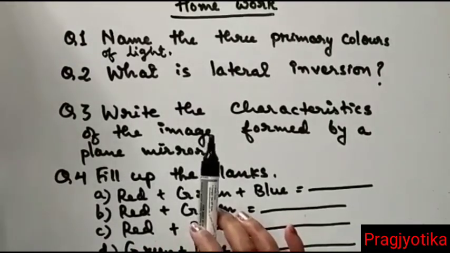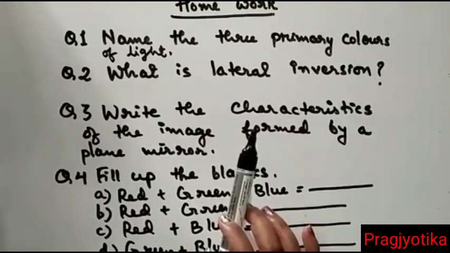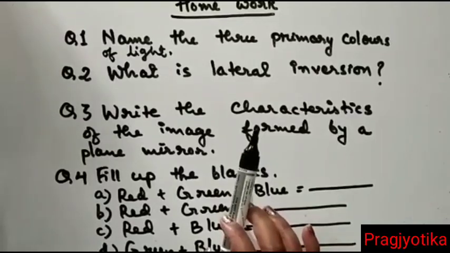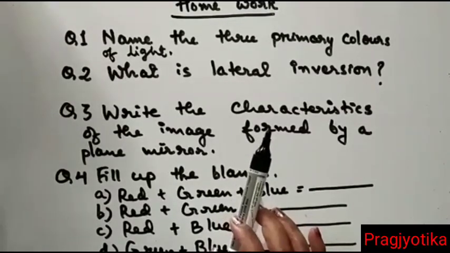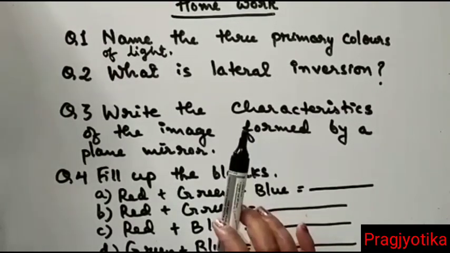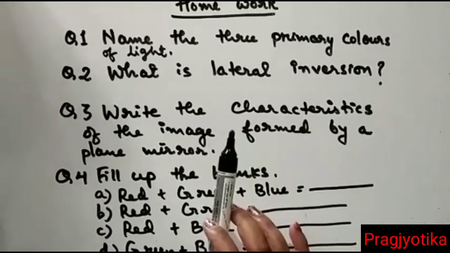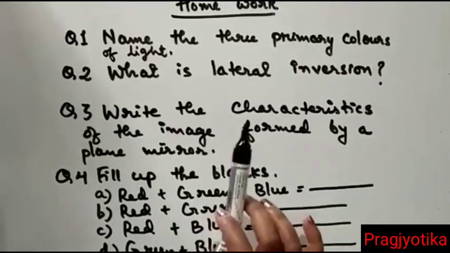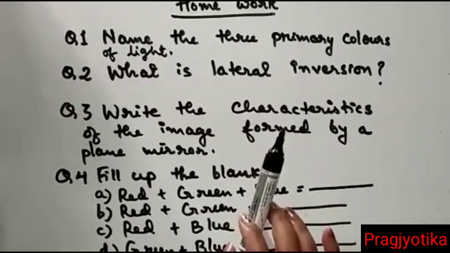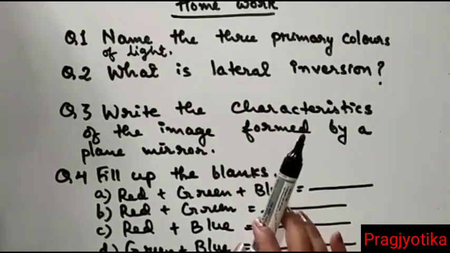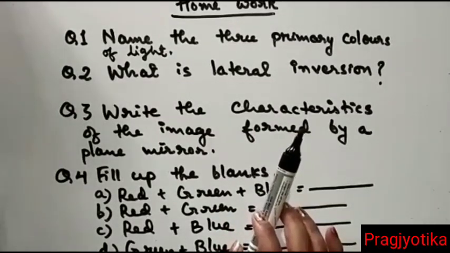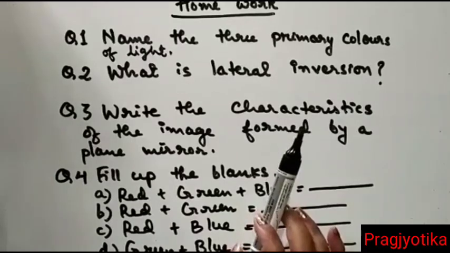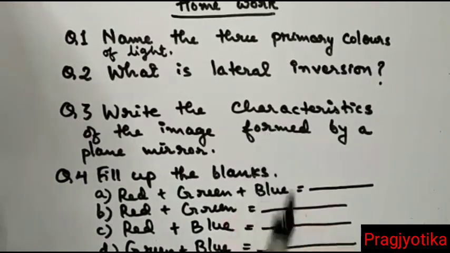Number 2, the image is of the same size as the object. Number 3, the image is laterally inverted. Then number 4, the image is as far behind the mirror as the object is in front of it. Then number 5, the image formed is virtual. So total 5 characteristics.